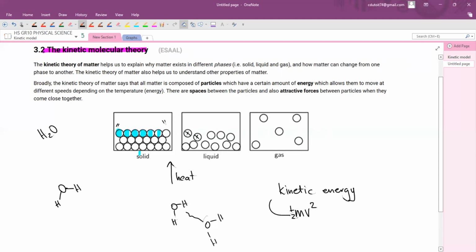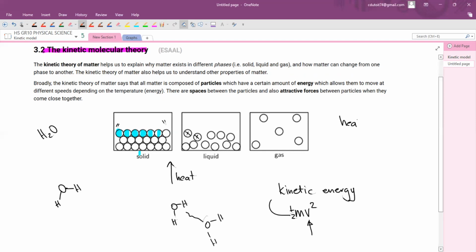So as I increase the heat, I increase the movement or the velocity of those molecules. In other words, they start moving very rapidly. They were vibrating when they were solid, and when I heat them up, they start vibrating a lot, and then they loosen up from one another, and they start moving up and down and left to right because their kinetic energy is increased.